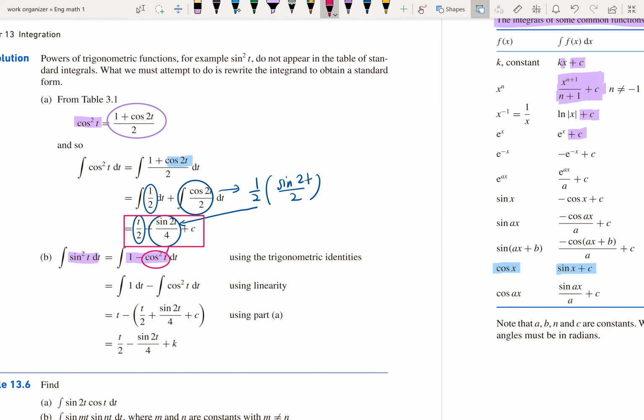This is what we got earlier. So that's it. Then just integrate this one. This is for sin squared t.